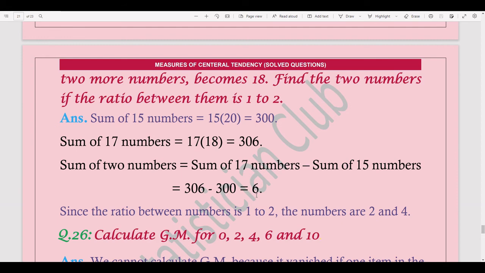The answer is 6. The ratio between the numbers is 1 to 2, which means double. So 2 and 4 will be the two numbers at the ratio of 1 to 2.